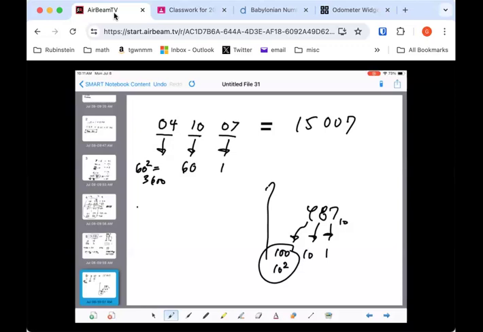So the way you do this question is 4 times 3,600 plus 10 times 60 plus 7 times 1, which is a large number, 15,007. So the number 010000 is actually 3,600.